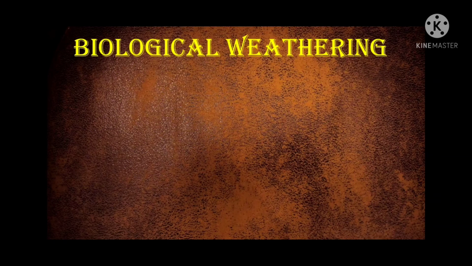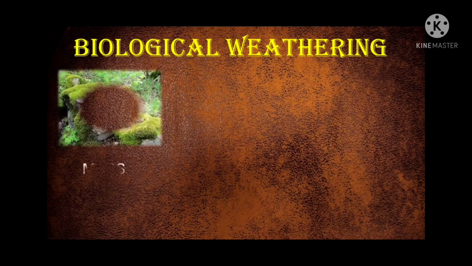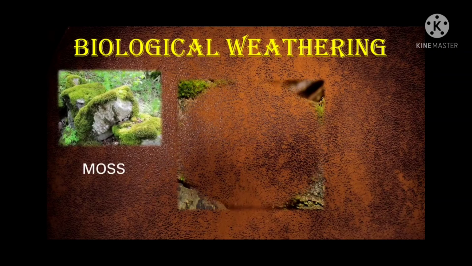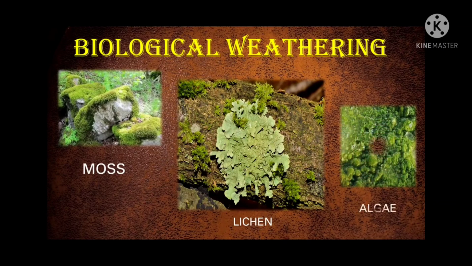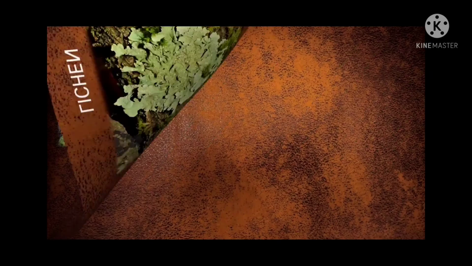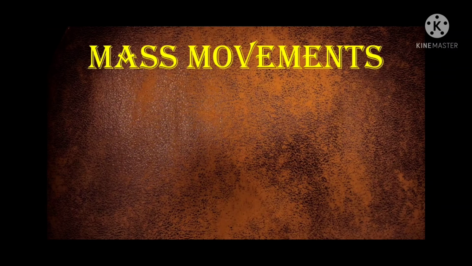Such weathering is called biological weathering. Biological weathering is due to plants and trees. Besides these, moss, lichens, algae, and other flora grow on the rocks and their roots cause weathering.